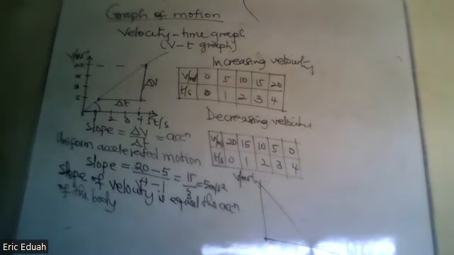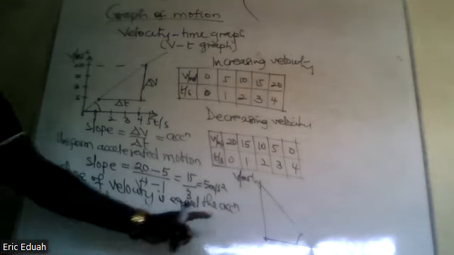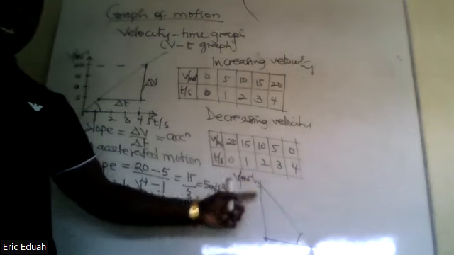Hence, uniform accelerated motion. Over here too, because the angle the graph makes with the time axis is constant, the slope is also constant, or uniform, but we have a decreasing speed.